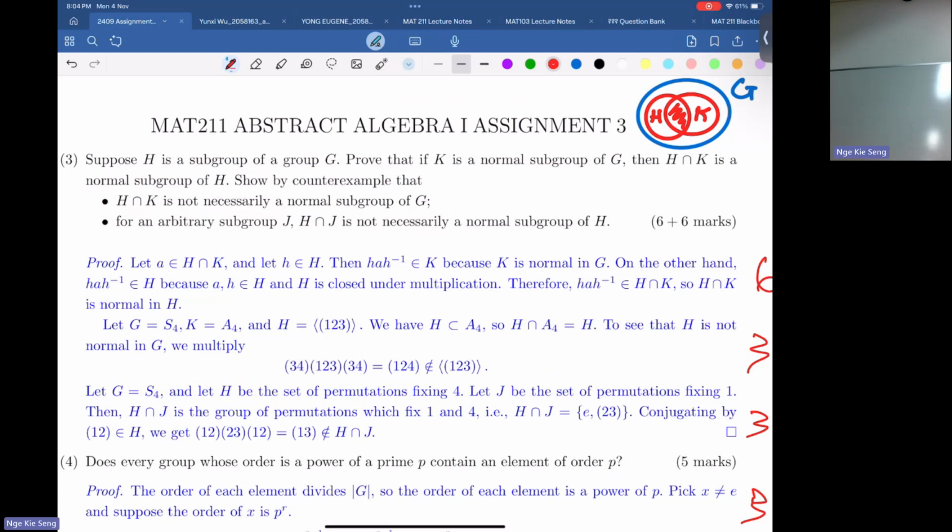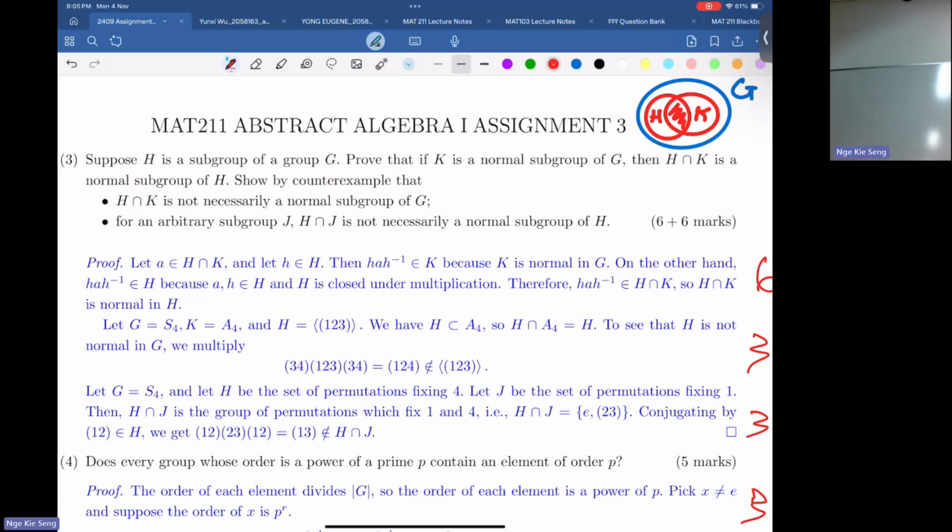To prove normal, what do you need to prove? What's the definition of normal? Zhou Yifan, the one next to the refrigerator, what's the definition of a normal subgroup?